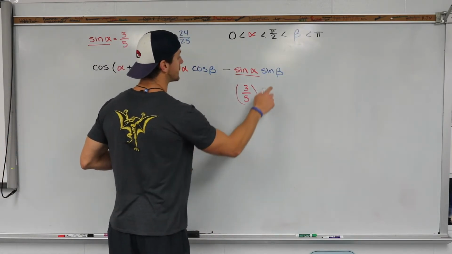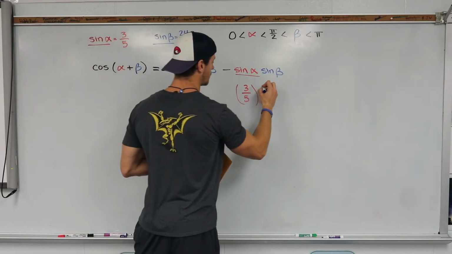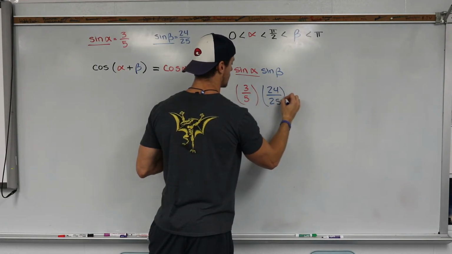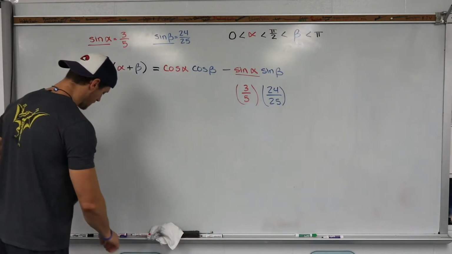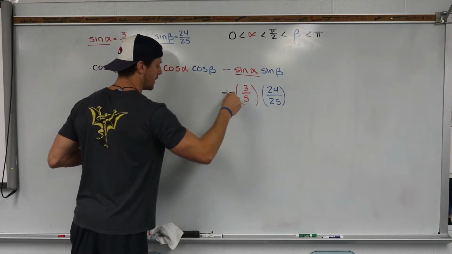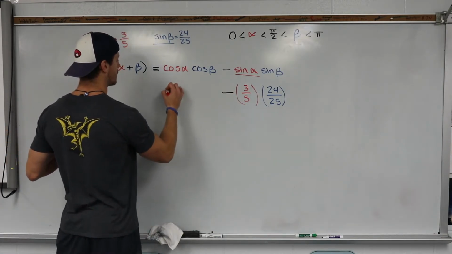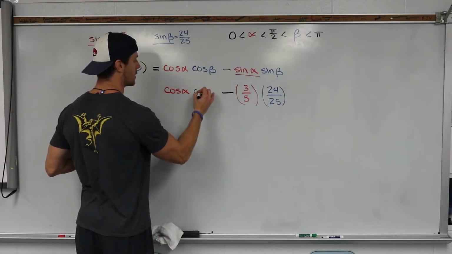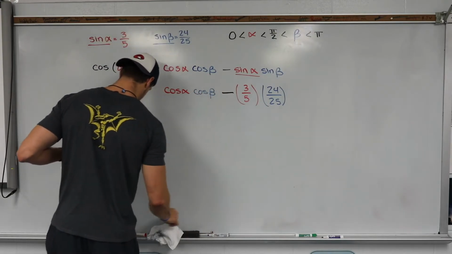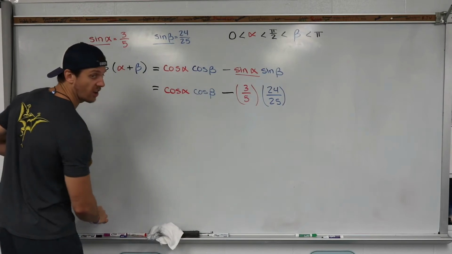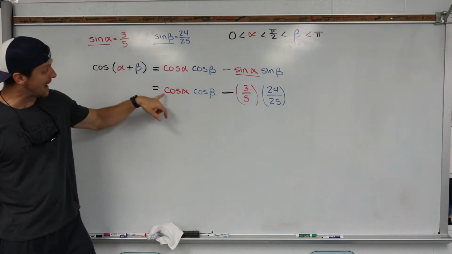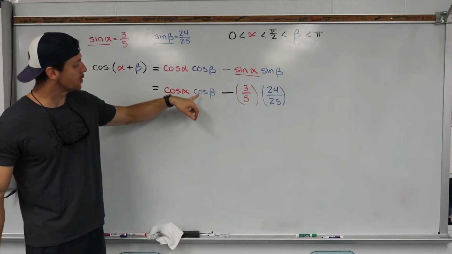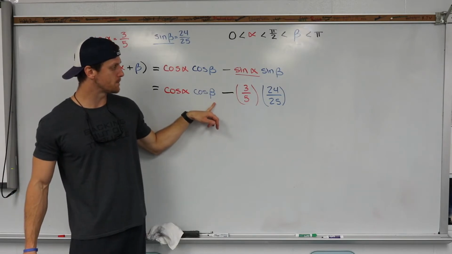We know that sine of beta is equal to 24 over 25. There's still this minus sign here. We still have cosine of alpha, and we still have cosine of beta. This is where we're stuck. I do not know what these values are, the numeric value of cosine of alpha or cosine of beta.